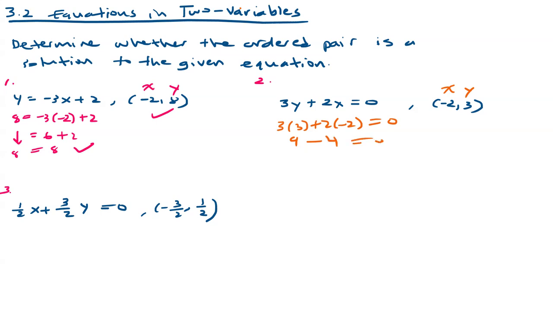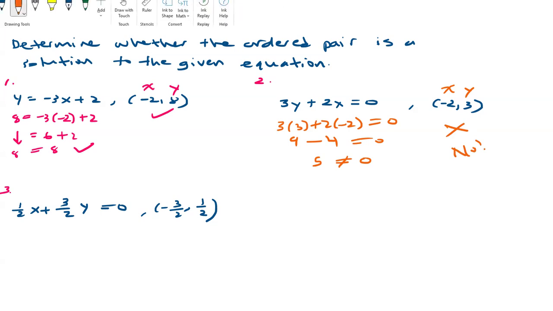And equals 0? Well, 9 minus 4 is 5, so that's not equal to 0. So that means this is not a solution. So no, and the first one is a yes.